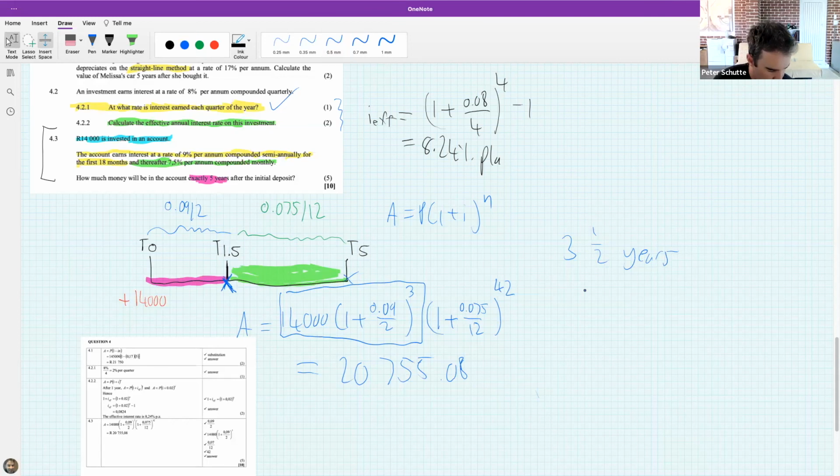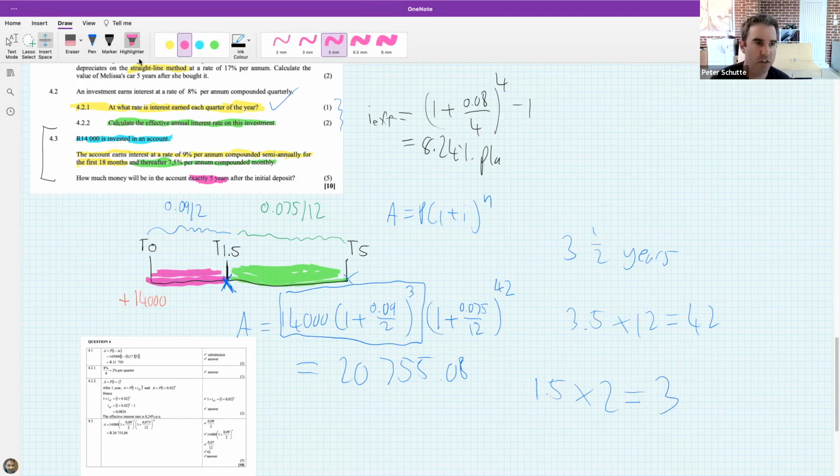Or another way of doing it would be to say 3.5 times 12, and you get 42. The same way for this first pink bit, you could also just say 1.5 years. And because it was half years, you go 1.5 times 2 and you get 3, which is the 3 over here.